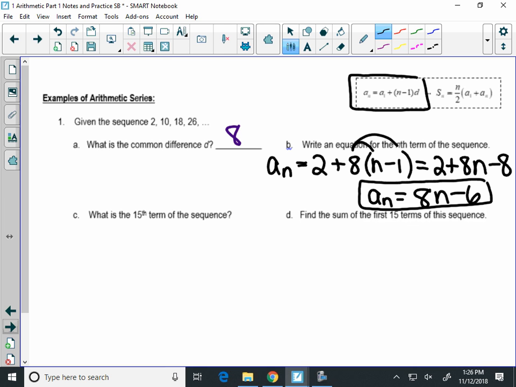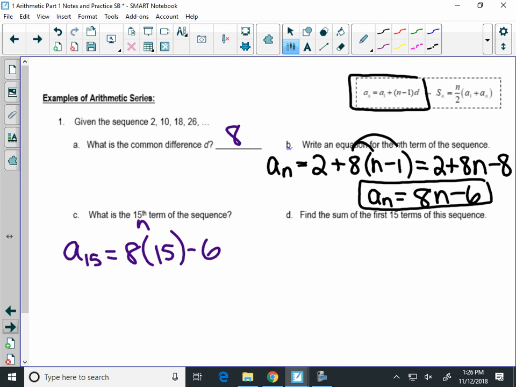For this problem, we want the 15th term, but I'm going to ask you to find like the 272nd term, and you can use the formula. So let's take 15. Again, that's our n. The number that we're looking for is what goes in for n here. So I'm going to find a sub 15 equals 8 times 15 minus 6.